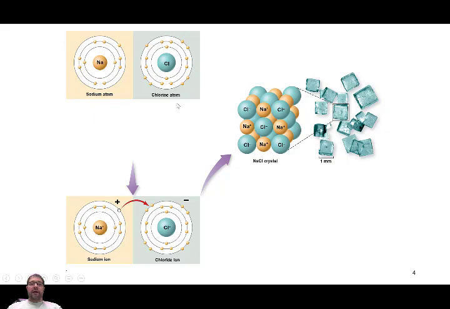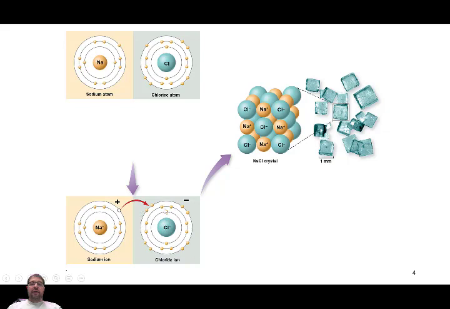Now, the chlorine atom has a negative charge and the sodium atom has a positive charge. You can see that this sodium atom is going to lose an electron to the chloride atom. In doing so, they're going to bond together.